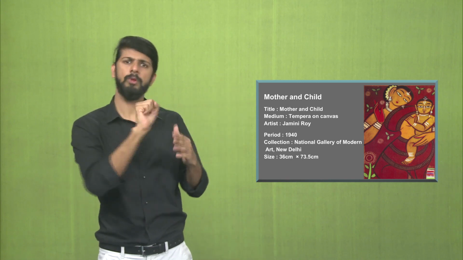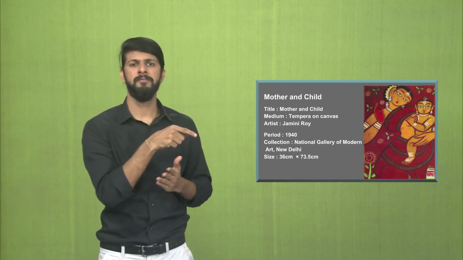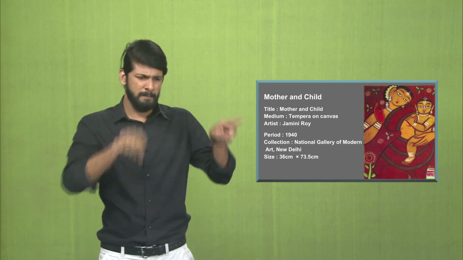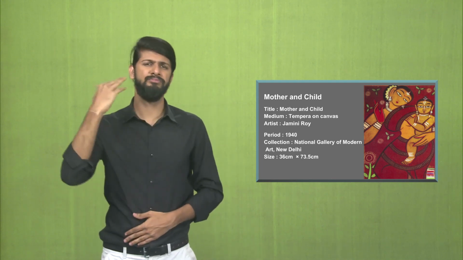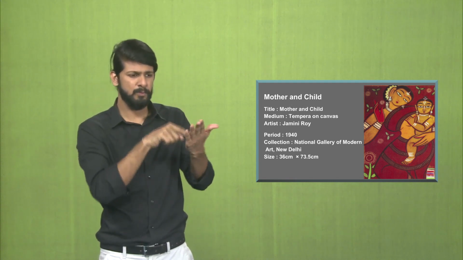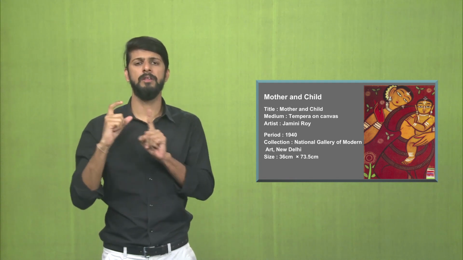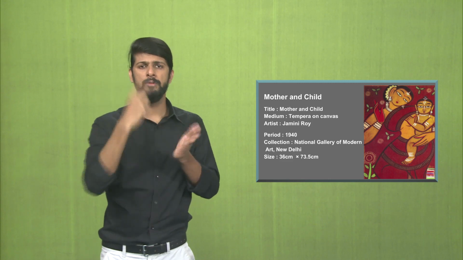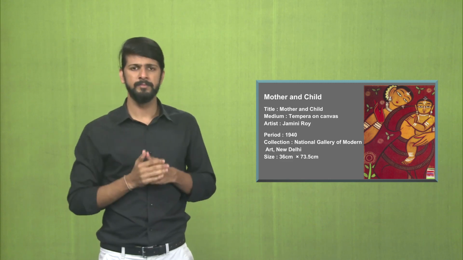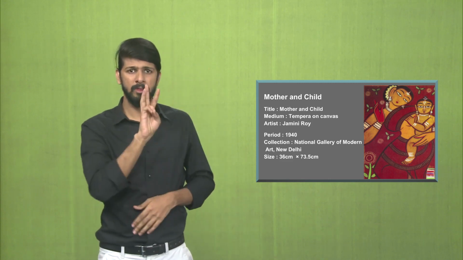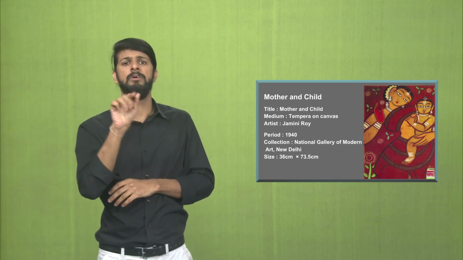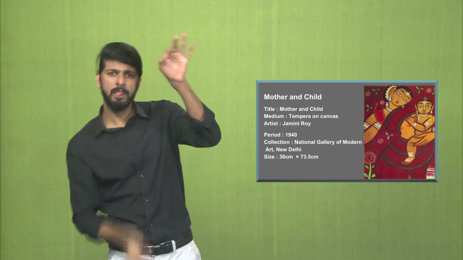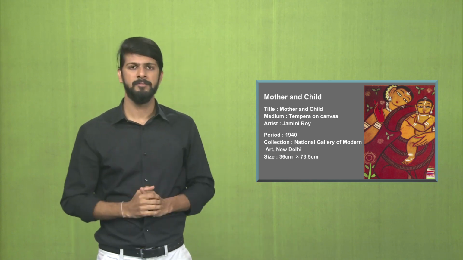The artist is Jamini Roy. The period is 1940. This artwork is currently displayed at the National Gallery of Modern Art, New Delhi. The size is 36 centimeters by 73.5 centimeters.